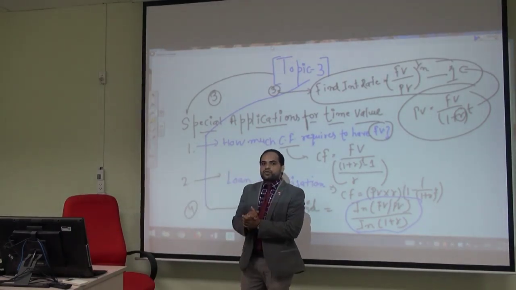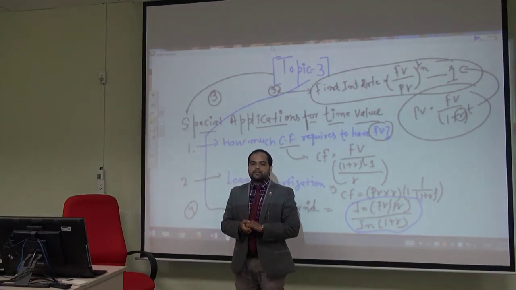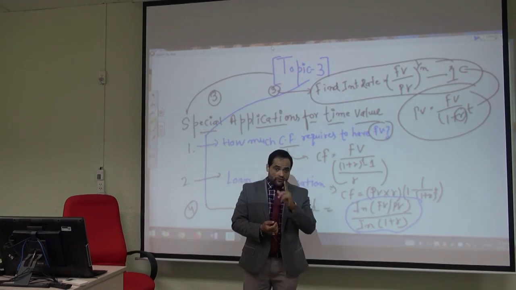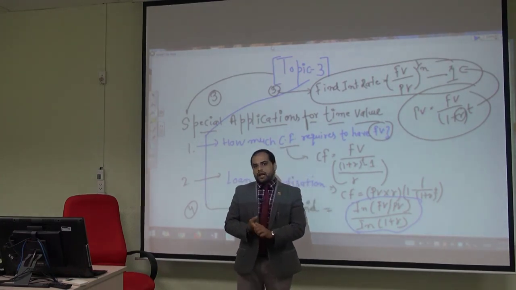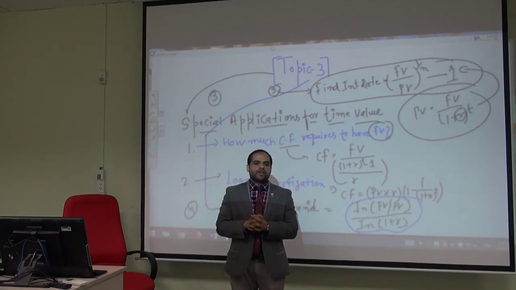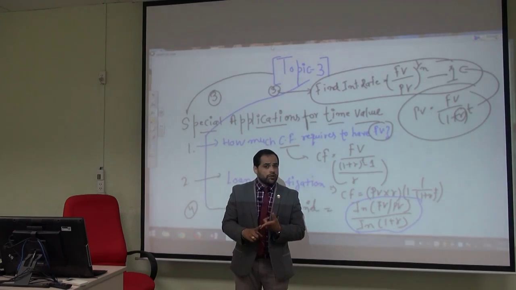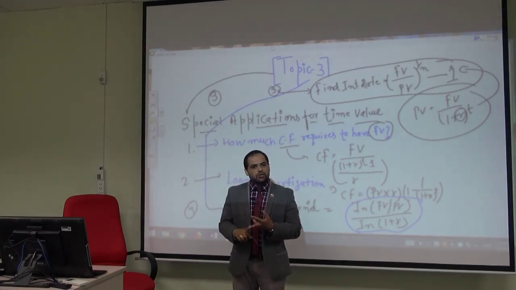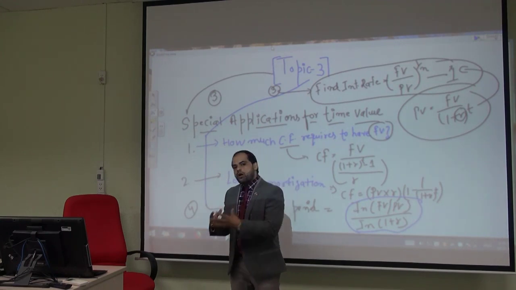Let me quickly revise topic 3. We learned about 3 learning outcomes in topic 3. The first one is present value and future value. There we learned about 4 different types of cash flows: single amount cash flows, present value and future value. Second one is the annuity. Annuity means equal periodic payments.